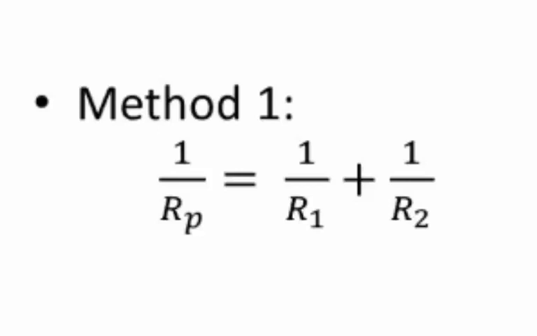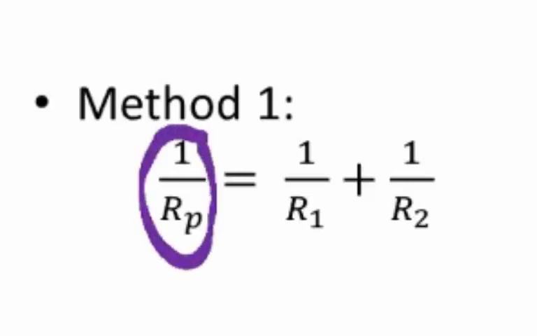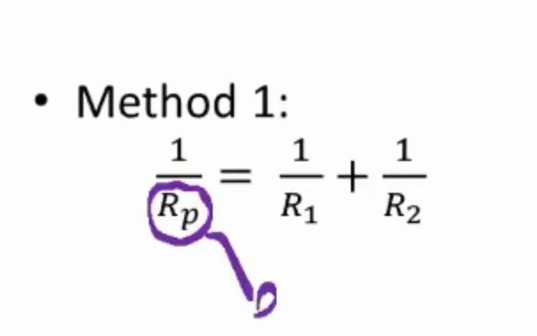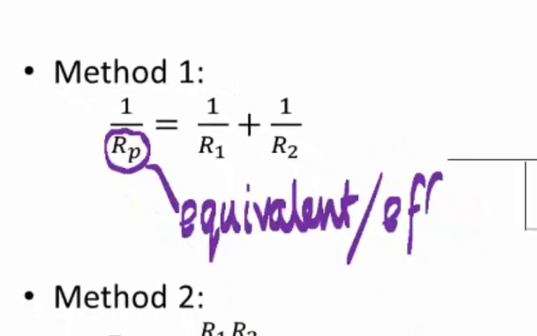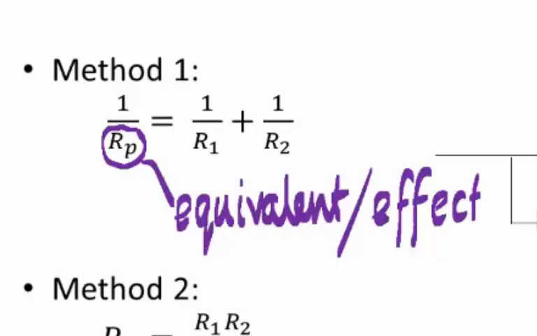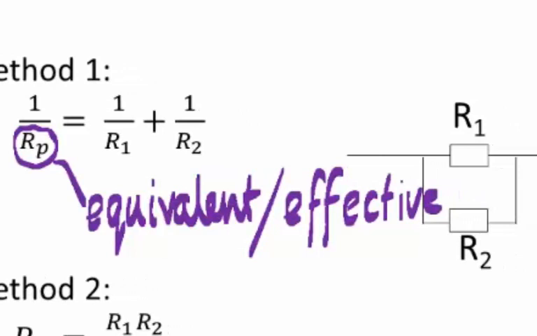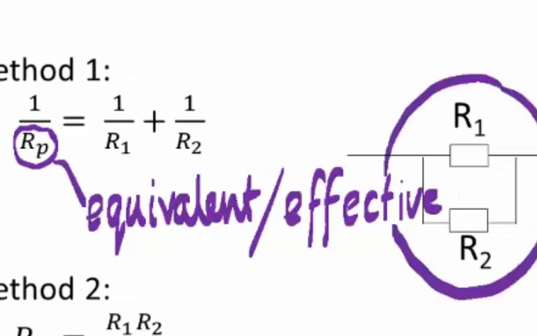And in method 1, we say 1 over Rp, where Rp is the equivalent resistance. Sometimes we call it the effective resistance or the total resistance of the parallel. That's what the P stands for. Of the parallel branch, the parallel section.